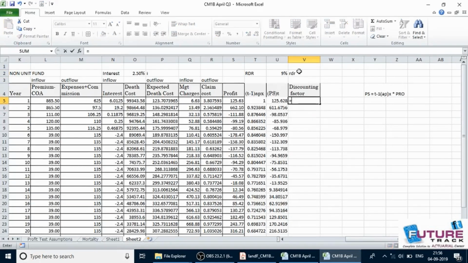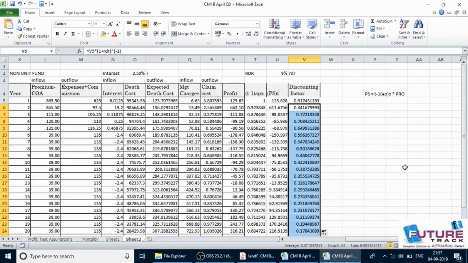Now for the first year, the discounting factor is V. So it is 1 plus RDR raised to power minus 1. So this is my V. For the second year, we need V square. So this is this into, again we are multiplying by V. So we get V square, and we get V cube and so on.